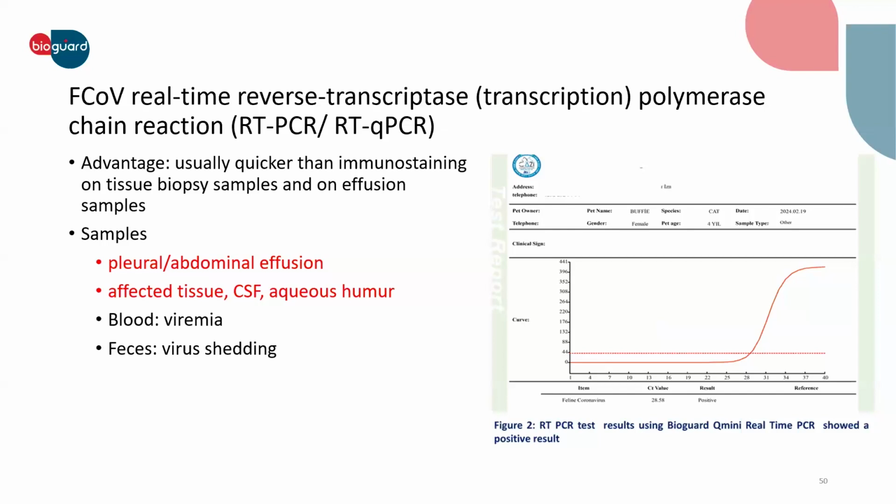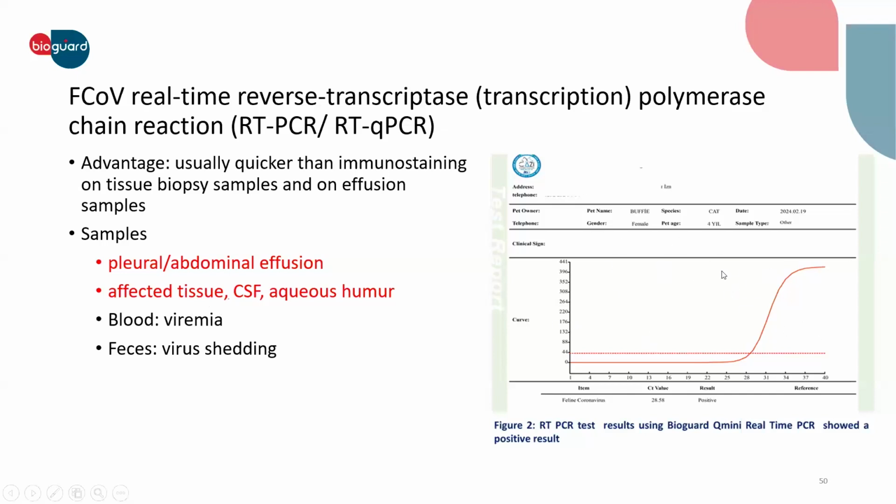And the sample can be applied for the reverse transcription PCR, including pleural and abdominal effusion, especially for wet form FIP. If it is a suspected dry form FIP, we can use affected tissue like lymph node, CSF, or aqueous humor.